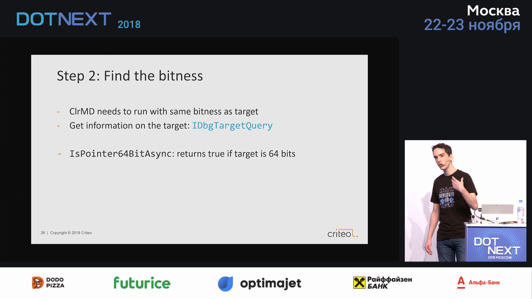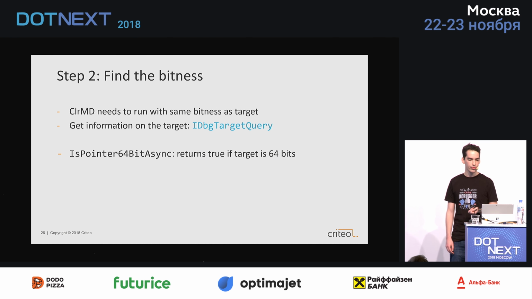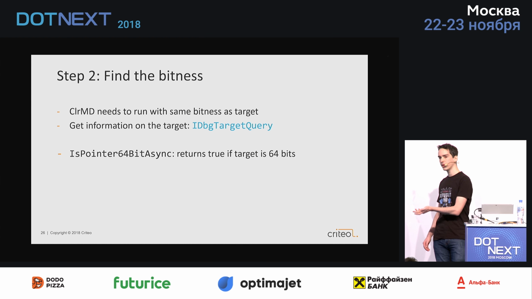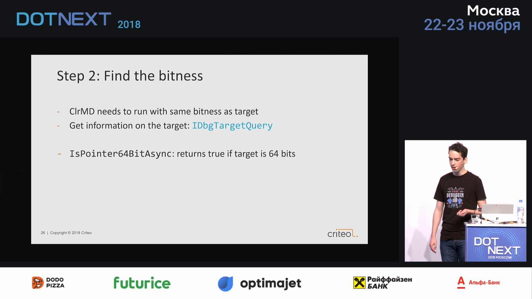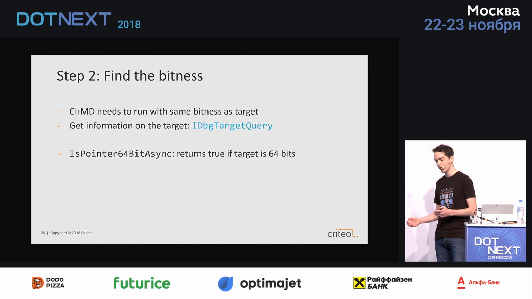To know which one to load, we need to know whether we have a 32-bit or a 64-bit crash dump. For that, we need a new interface, DbgTargetQuery. We use it with the Import attribute like before. It defines a lot of methods to get more information on the target, but the one that is interesting for us is IsPointer64BitAsync. As the name indicates, it returns true if the target is 64-bit and false otherwise.